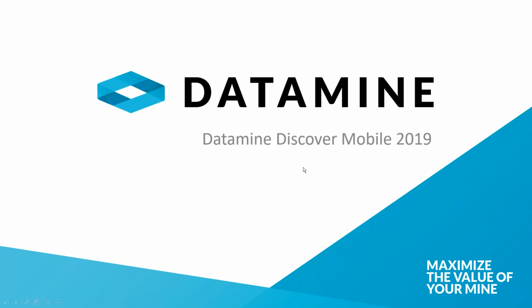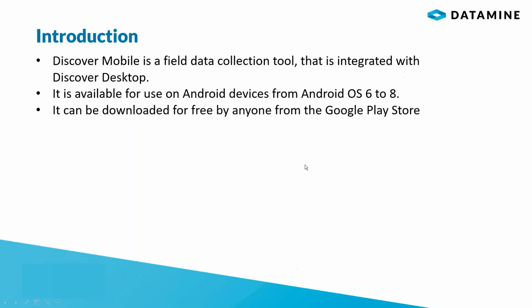All right, so let's get right started. Discover Mobile can be defined as a field data collection tool that is closely integrated with Discover Desktop. Now, there's a number of field apps available out there.